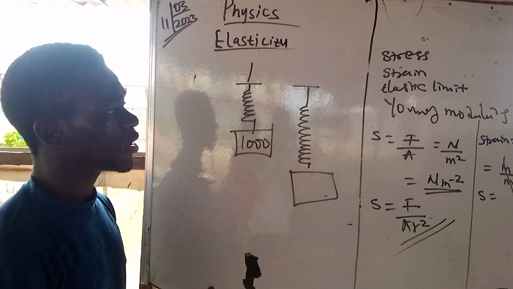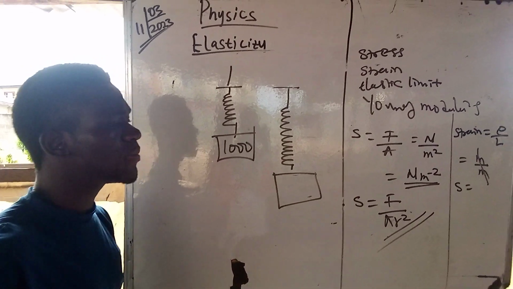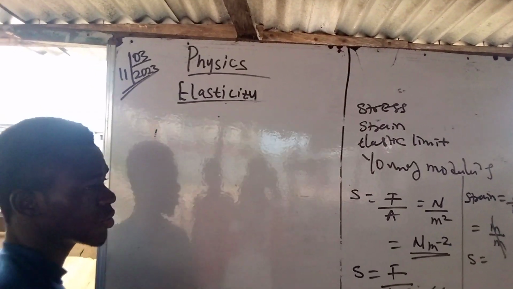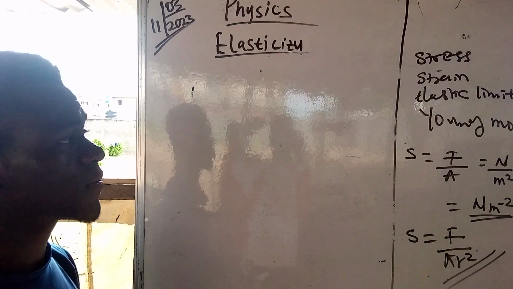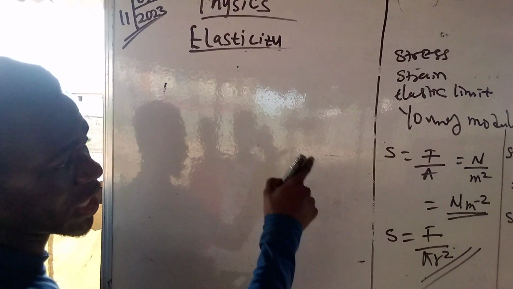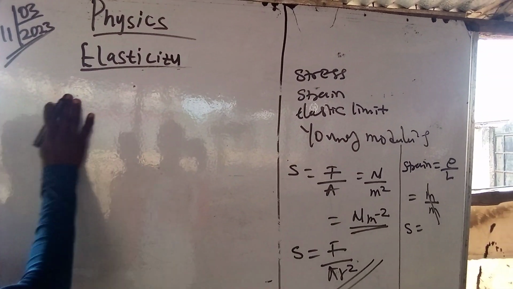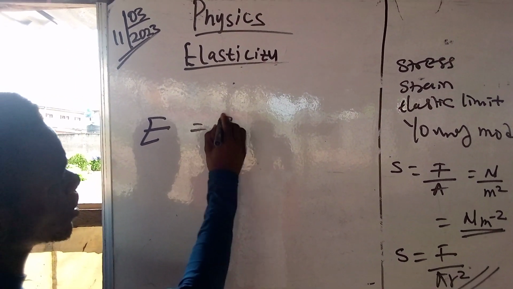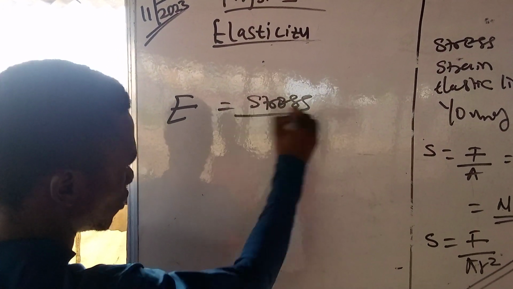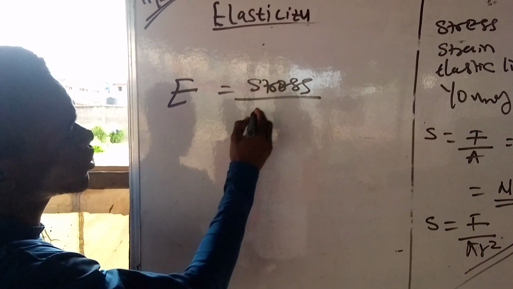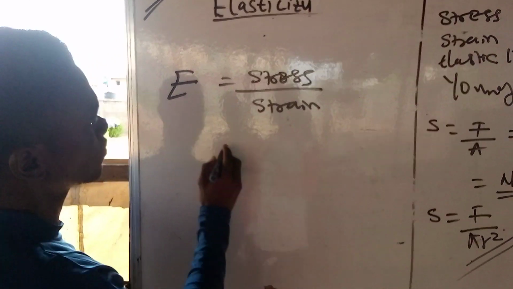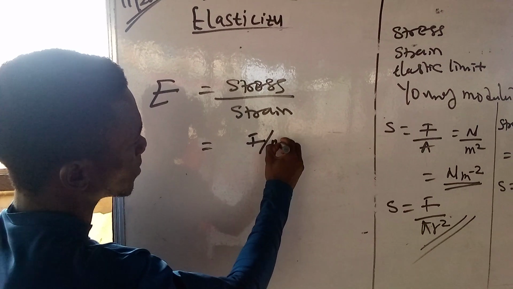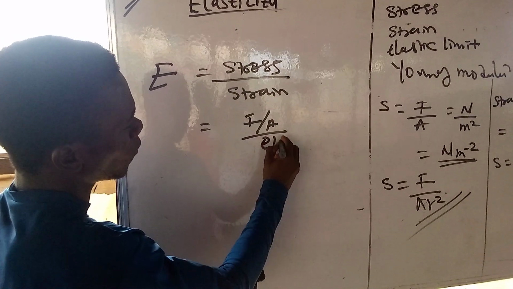Now what about Young modulus? Young modulus is the ratio of the stress to the strain, and we use E to represent the Young modulus. The stress has the formula force over area, and the strain is extension over length.